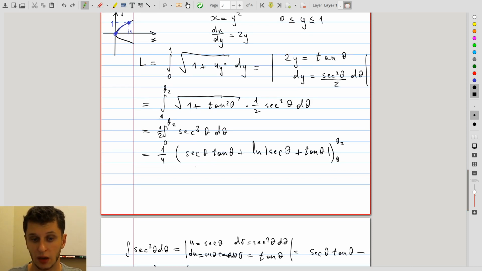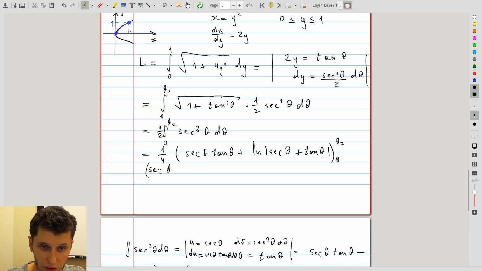That's it. And so this is what I get to use. I use that secant theta 2 is equal to 2, because that's how we define theta 2. Right, it corresponded to the upper bound here, so that's when y was 1, and so that's what I get.